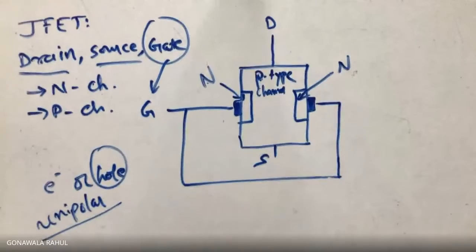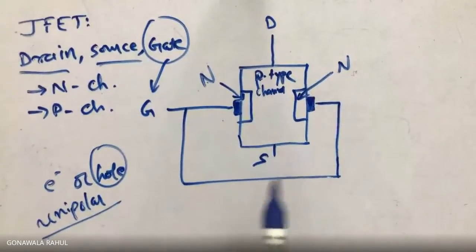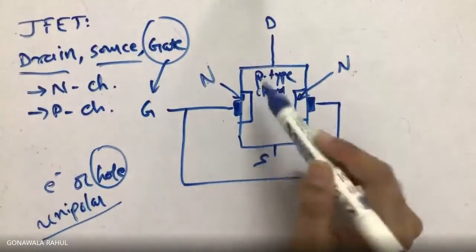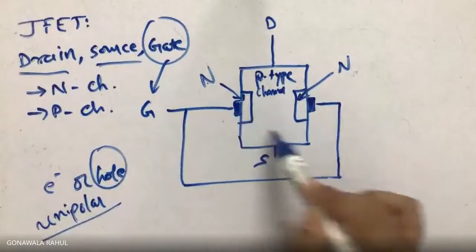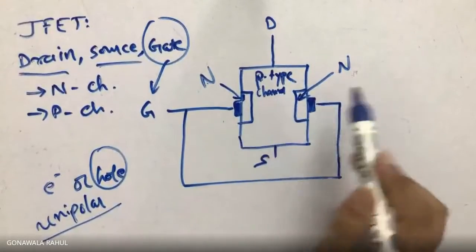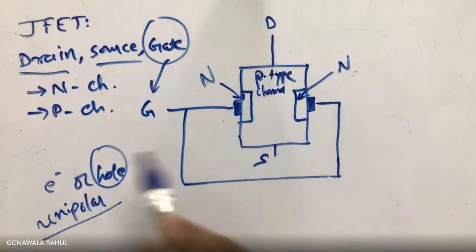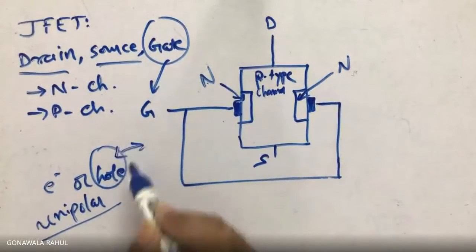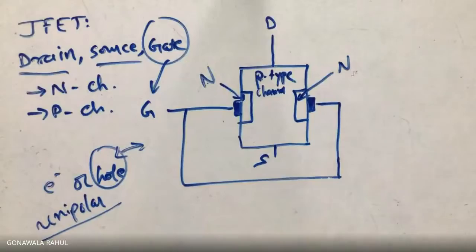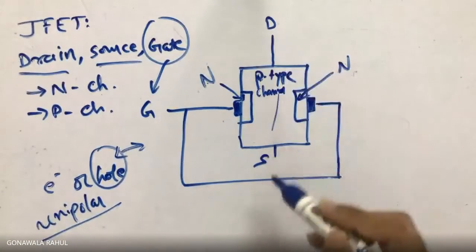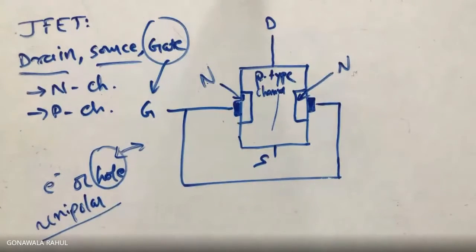Clear? So its construction is similar to that of n channel JFET, except that it consists of a p channel and n type junction. So the current carriers in p channel JFET are the holes, and they flow through the p channel from source to drain.